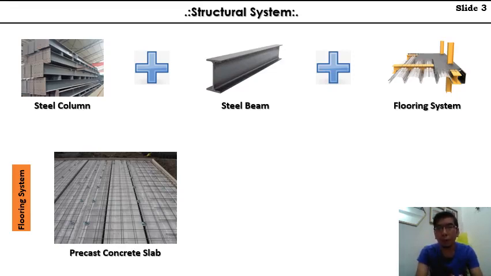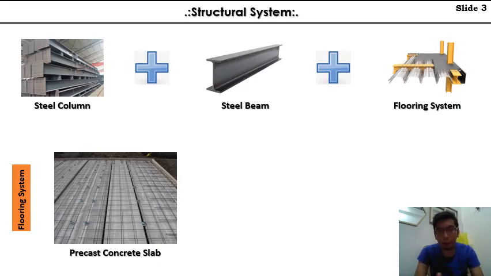This type of flooring system is suitable to be used on monolithic construction. Monolithic construction means a long span flooring system, massive sizes, wide spans and so on. So it's very suitable when you use this flooring system from precast concrete slab.